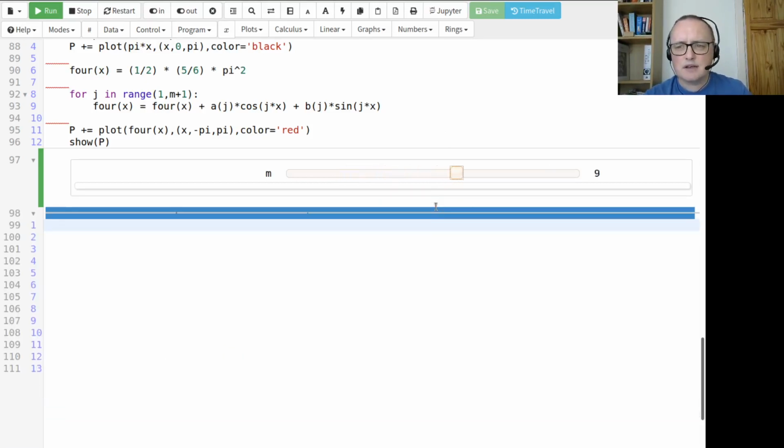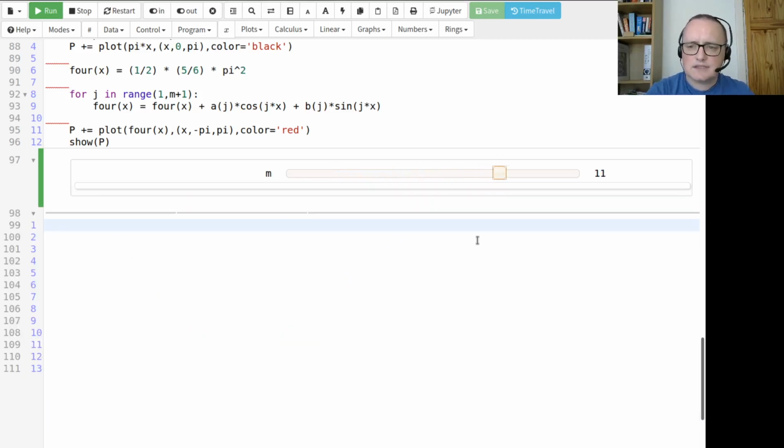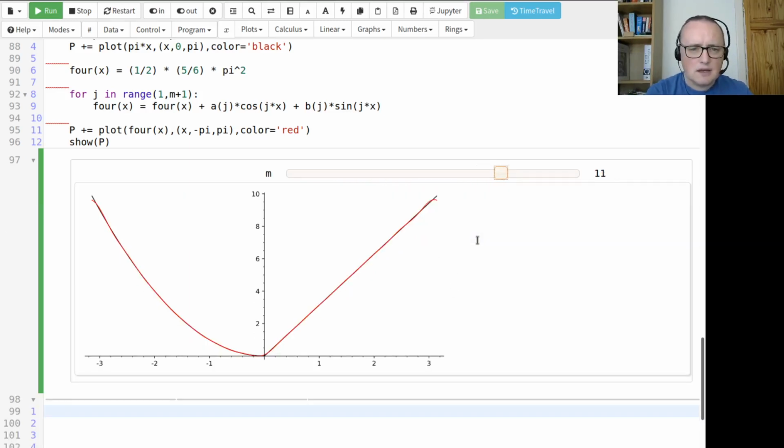By the time you get up to the 10th or 11th partial sum, it's hard to discern any difference between the two functions at all. The only place they're deviating significantly is at these two points of discontinuity of the derivative of f. That's where the Fourier series struggles a bit to get a good approximation.